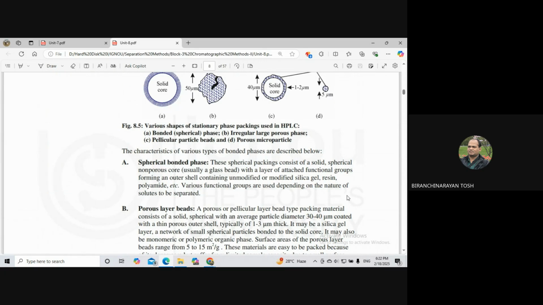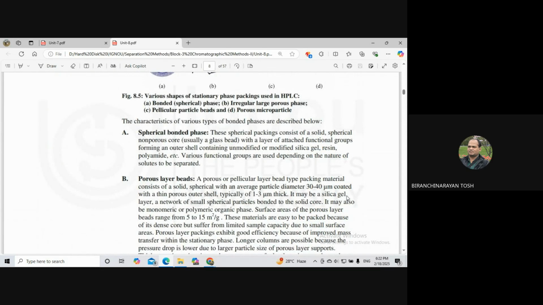In the porous layer beds, a porous or pellicular layer bed type packing material consists of a solid sphere with an average particle diameter of 30 to 40 micrometers, coated with a thin porous outer shell, typically 1 to 3 micrometers thick.